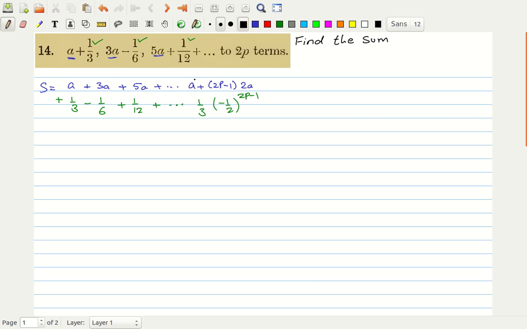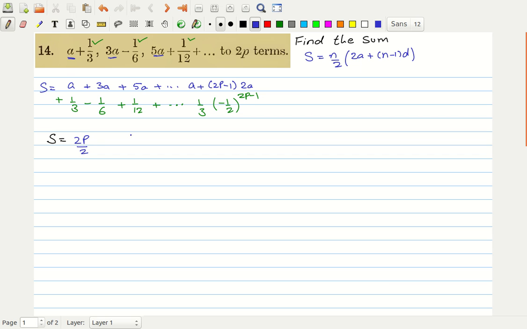So, we can write that sum is equal to, let us write the sum of the arithmetic progression first. How many terms does it have? It has 2p number of terms. So, it is 2p by 2. I am using the formula, how do you find the sum of n number of AP? It is n by 2 times 2a plus n minus 1 d.